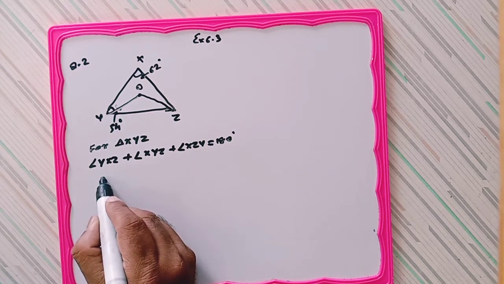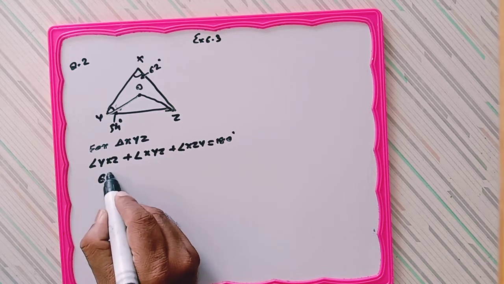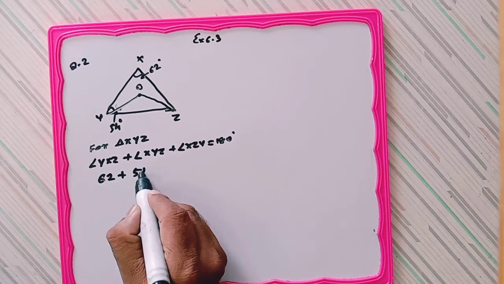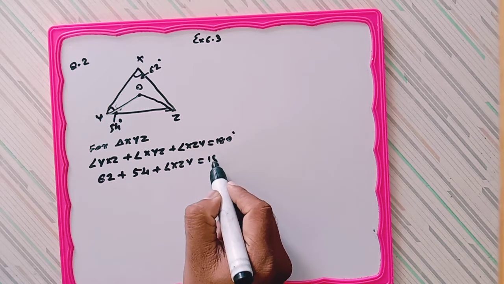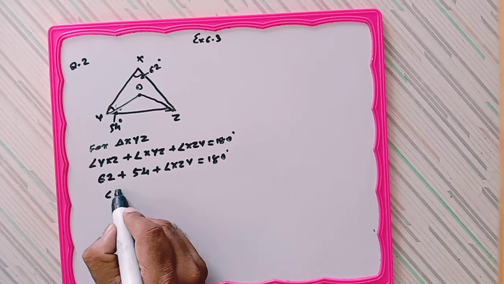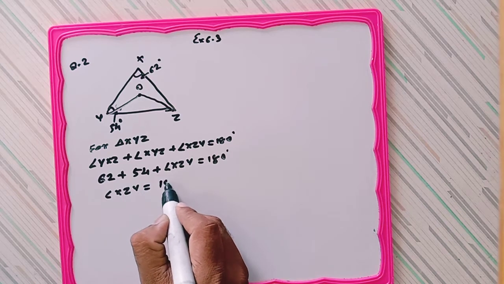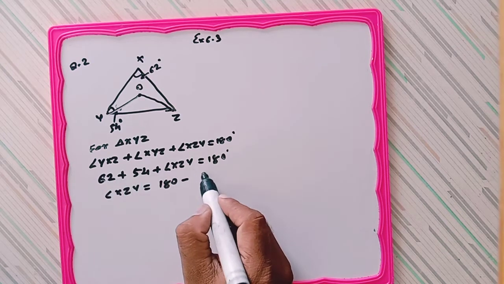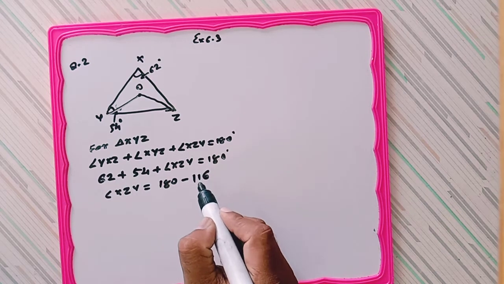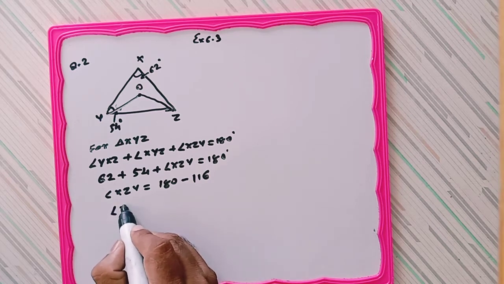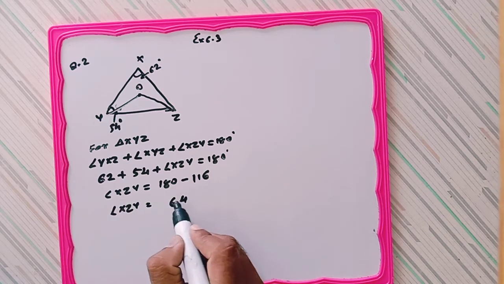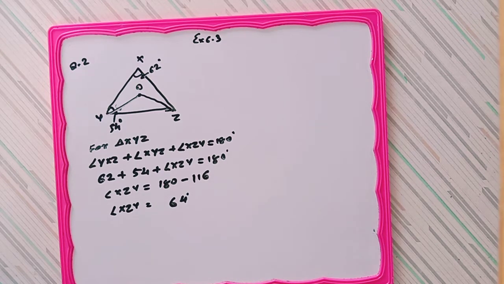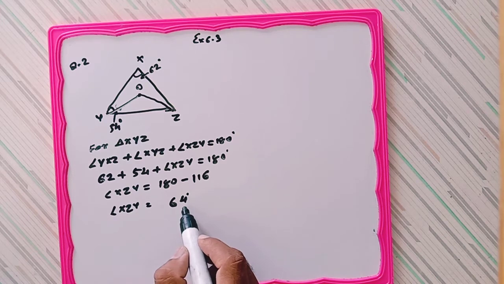And so 62 plus 54 plus angle XZY equals 180. And so angle XZY equals 180 minus the addition of these two, so 64 degrees. Angle XZY is 64 degrees.